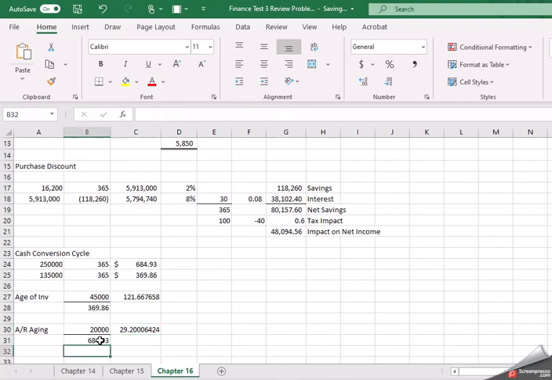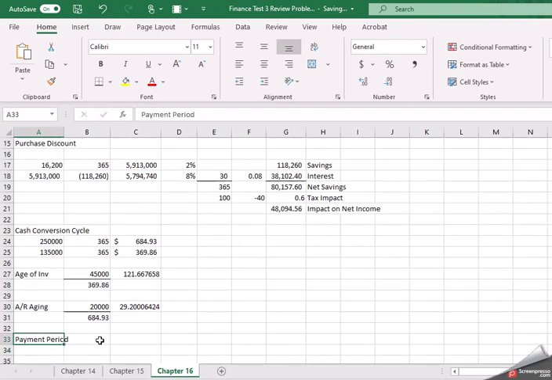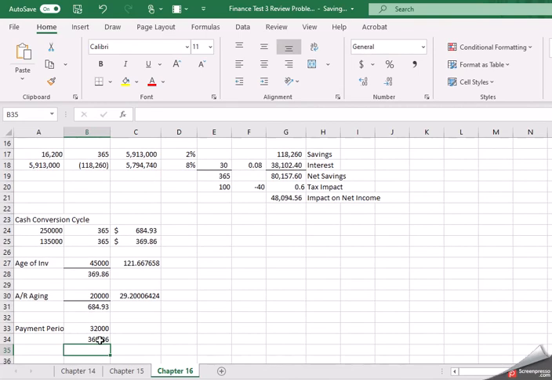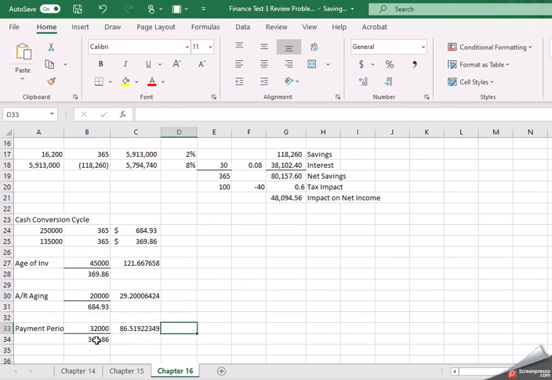And then our payment period, we take our accounts payable, which they give us, the 32,000, and then we divide that by our daily cost of goods sold. And that gives us 86.5 days.